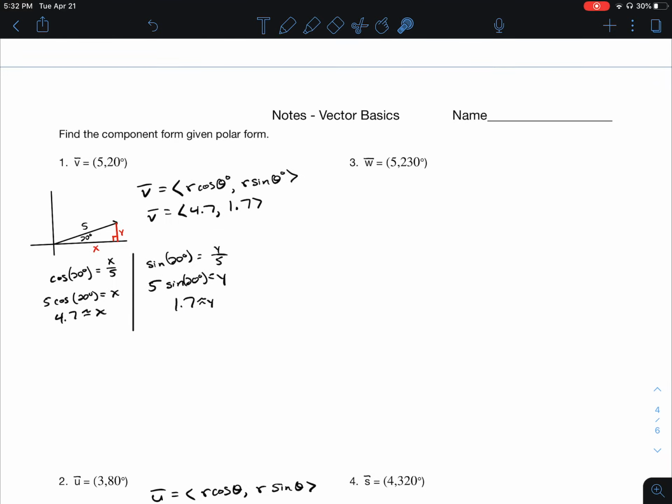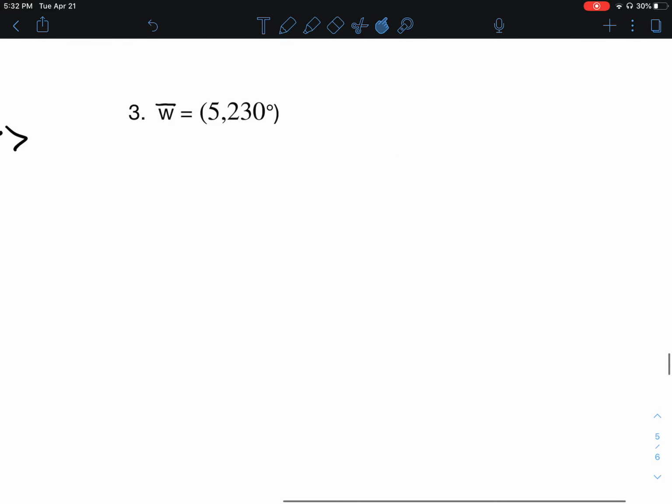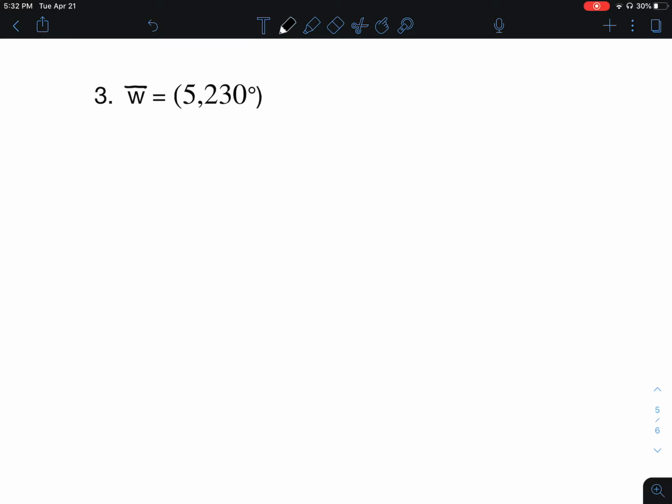Number 3, this is going to fall into quadrant 3.